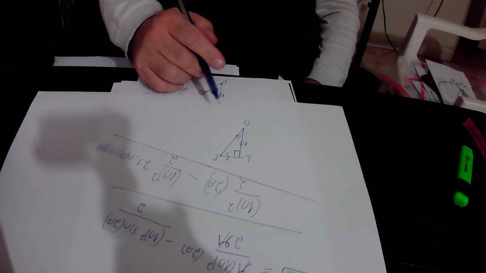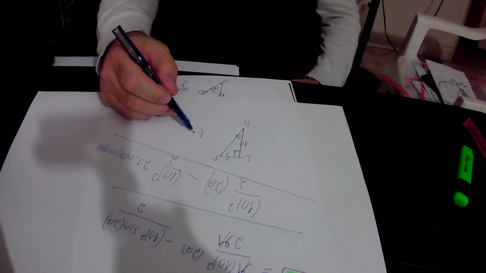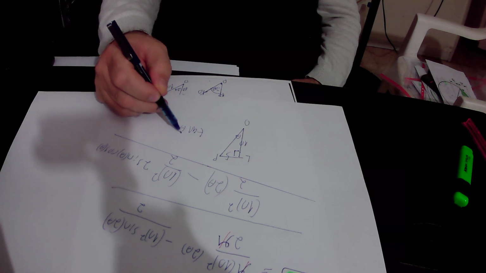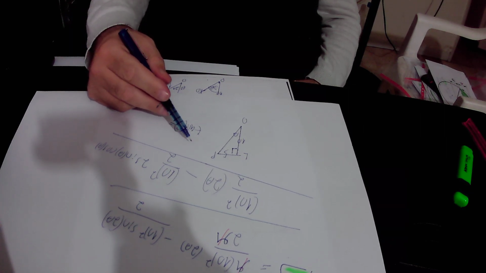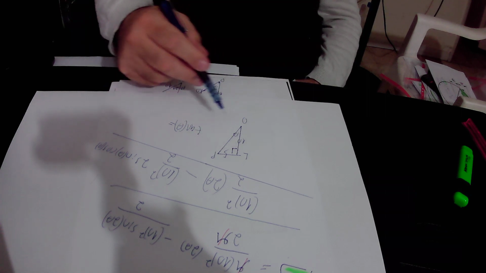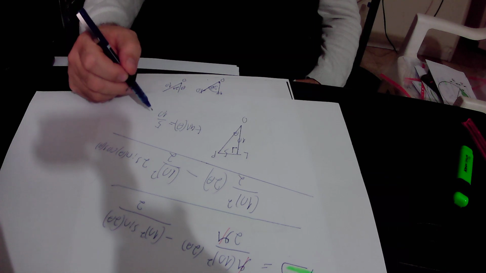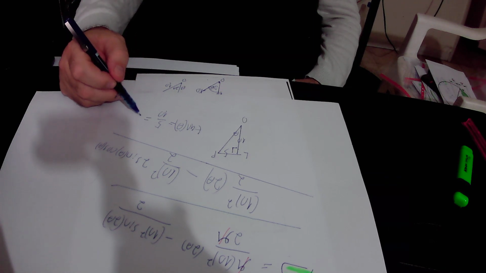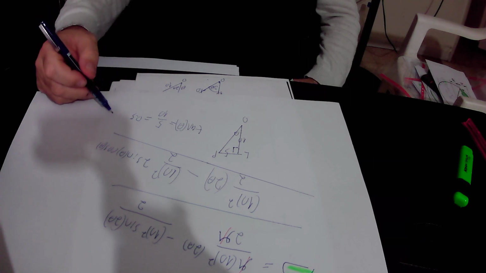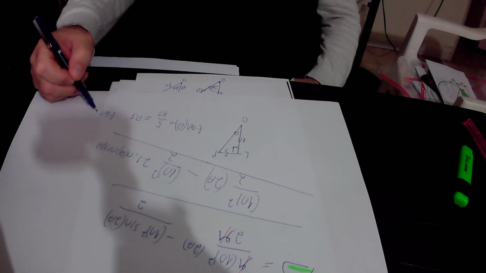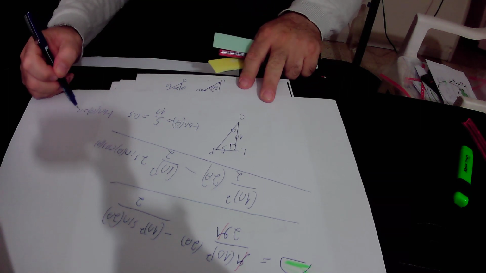So in this right triangle LOP, we get that tangent theta equals LP over LO. LP is 5, LO is 10, 5 over 10 is 0.5. So in conclusion, tangent theta equals 0.5.